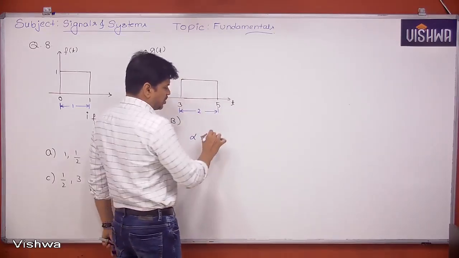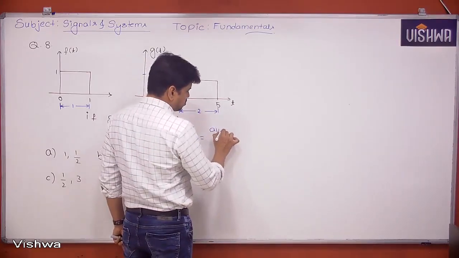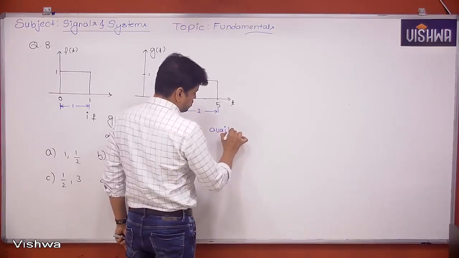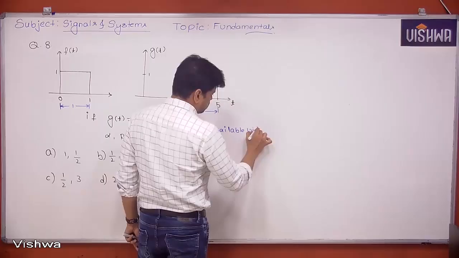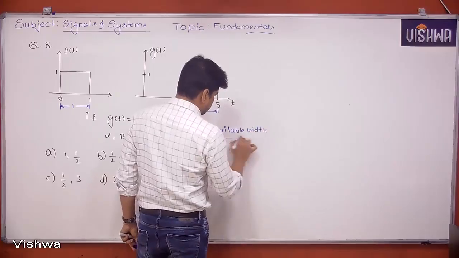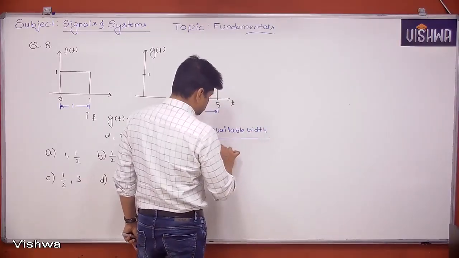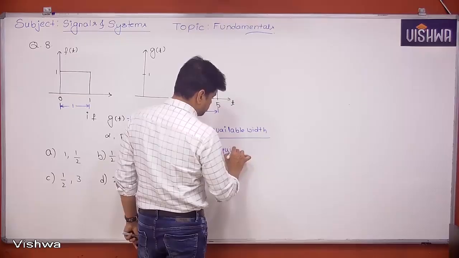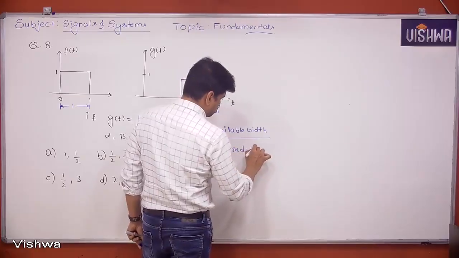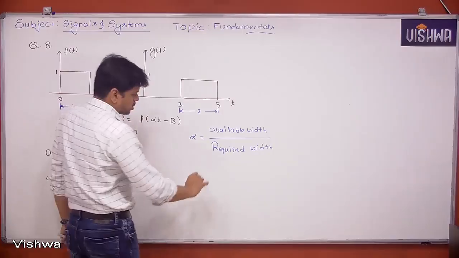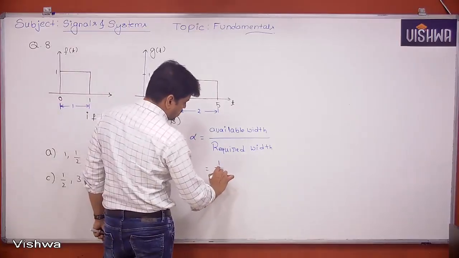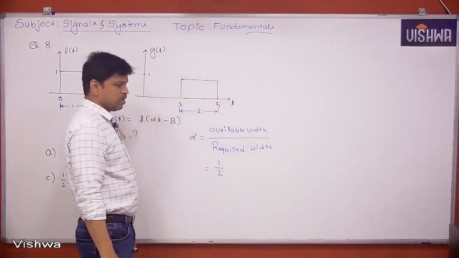So available width divided by required width. So the scaling factor is 1 by 2. So that is the alpha.